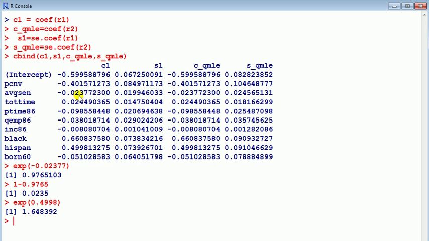Those numbers are very similar because that change is small. But if they're not small, there's a difference. For example, Hispanic, 0.49. If you follow that rule of times by 100, you'd say about 50%. But in actual fact, we've got 65%, a difference of 15%. So just use the exponential, that's better.